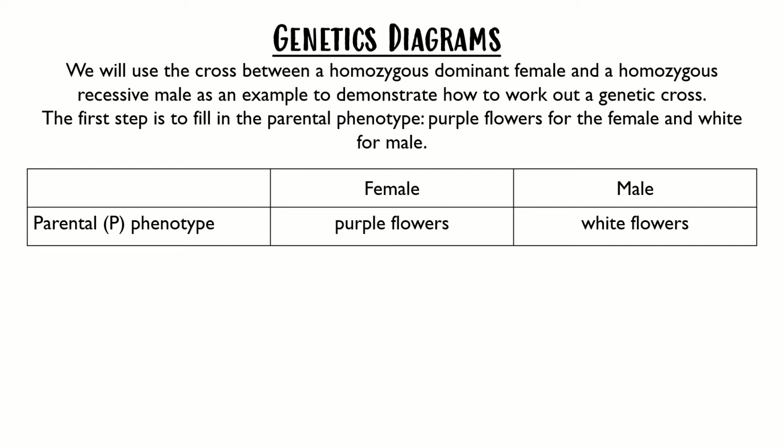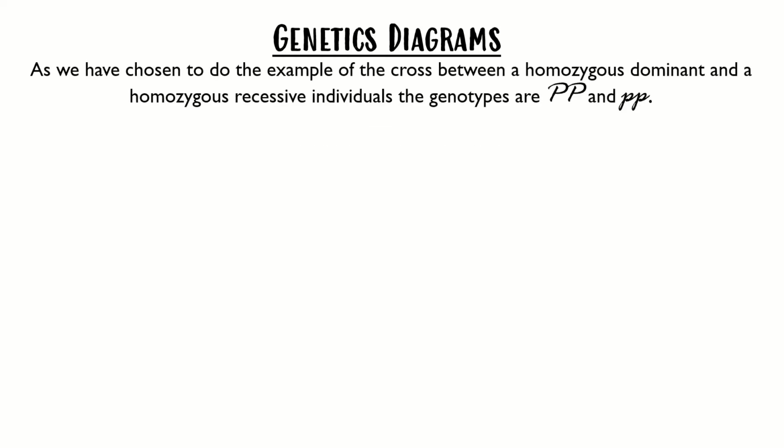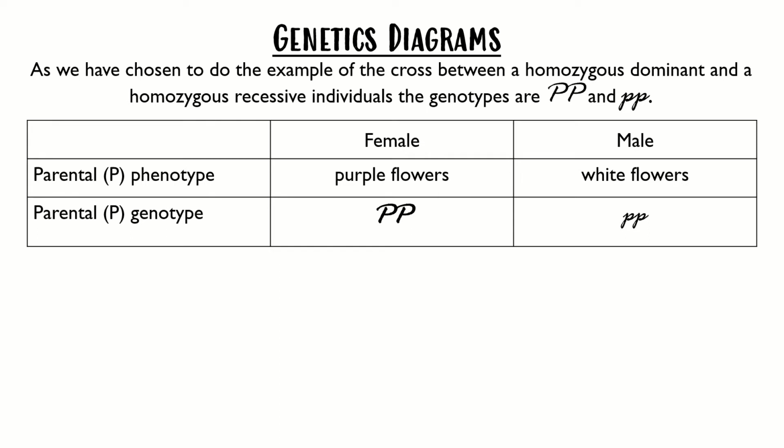So we start with a table format, and there we've got the female with purple flowers and the male with white flowers. As we've chosen to do the example between homozygous dominant and homozygous recessive individuals, the genotypes are capital P, capital P and small p, small p. So we add those in the next level on our table.